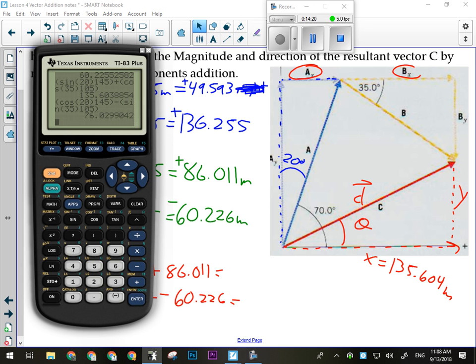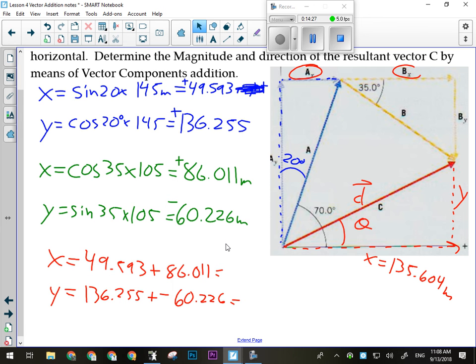Okay, so what's left here as red y is 76.03, we'll say. And that's also positive. It's still above the x-axis. Right. Okay, so now I've got the x and y components of my resultant.